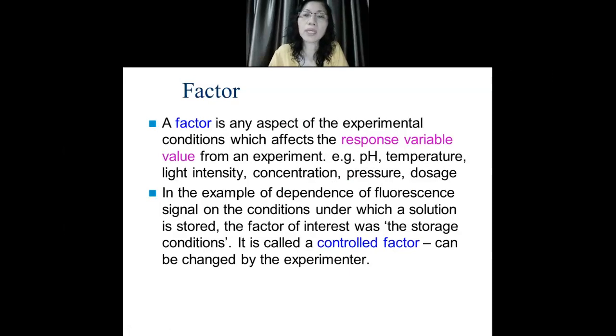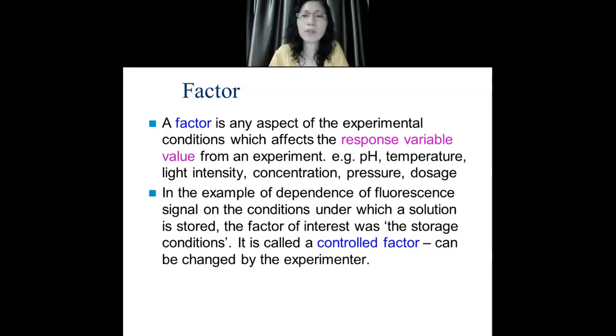Therefore, you need the value of pH. You have to fix certain value of pH and certain temperature and the concentration of reactants and so on. So those are called factors which affect the response variable. And the response for you is the weight of the compound that you are getting.